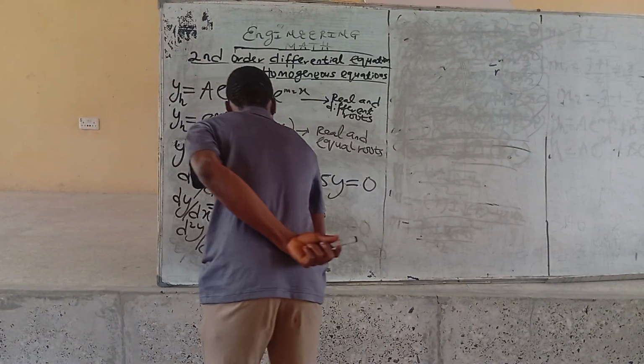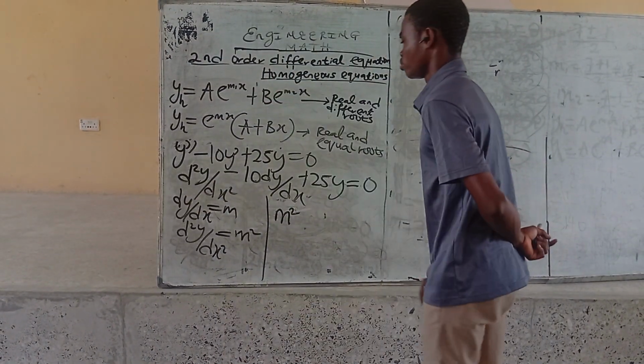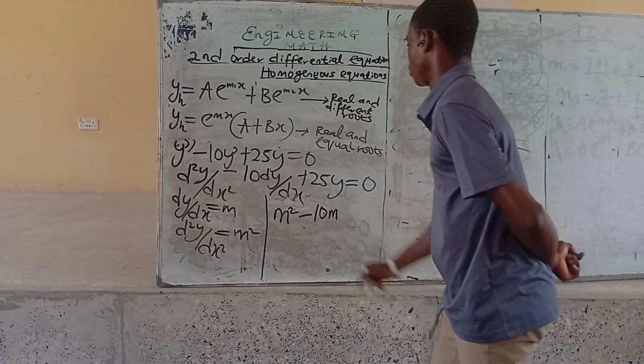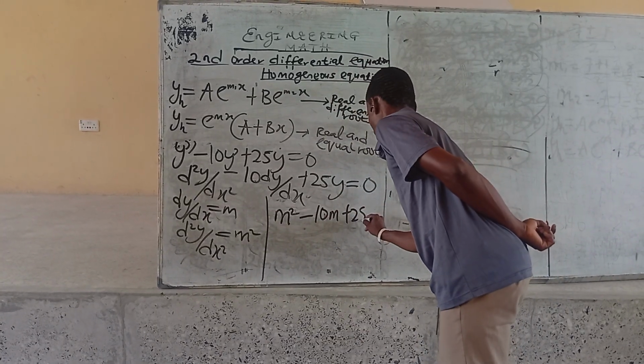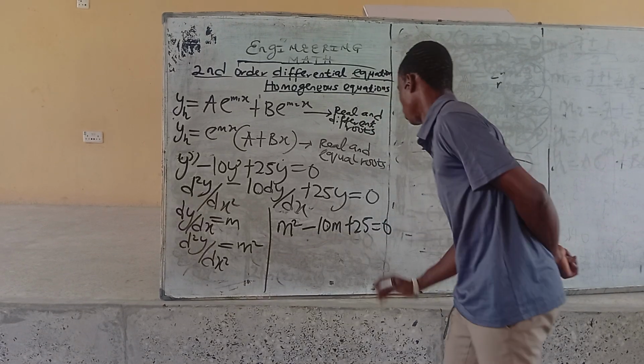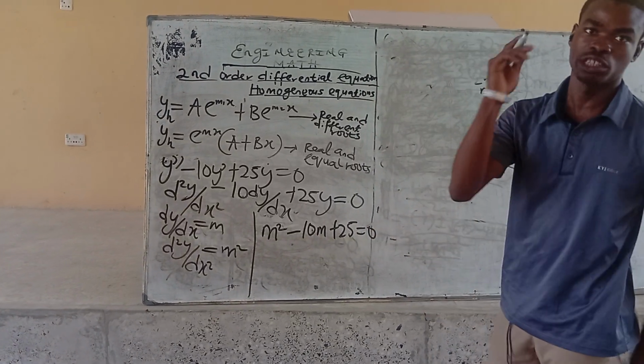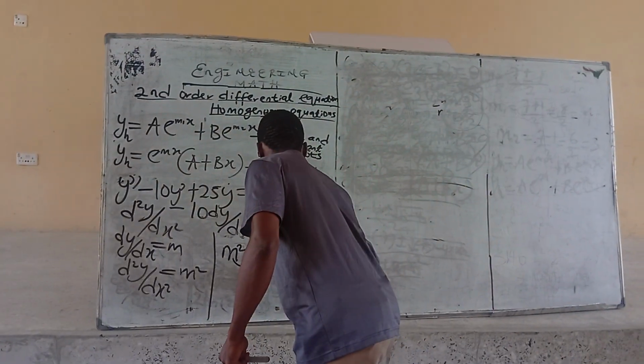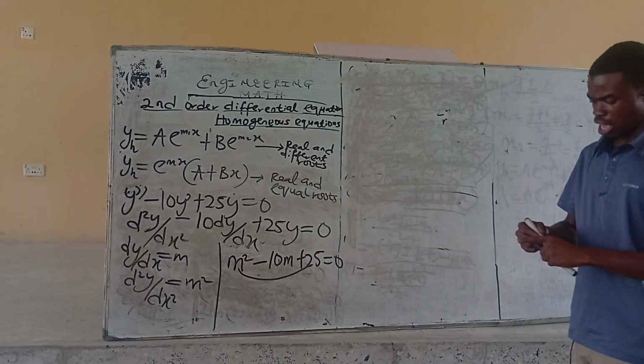So that will be m squared minus 10m plus 25, that's the constant, equals 0. We'll still go on and use the factorization method here.